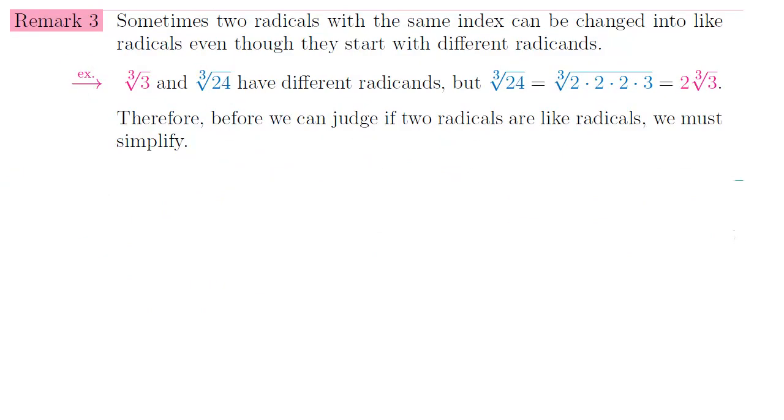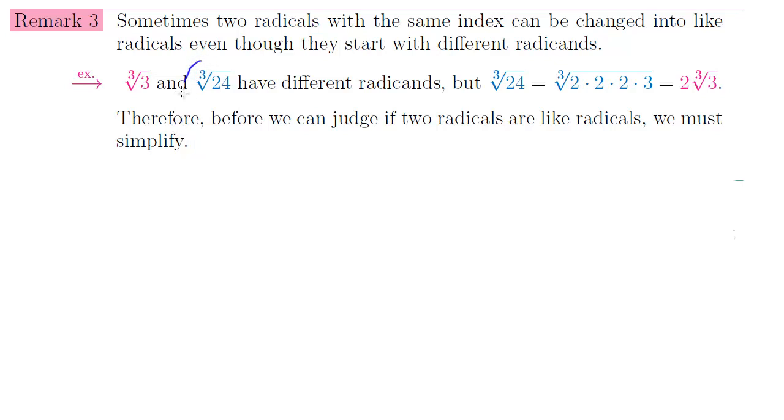You have to be careful judging whether two radicals are like radicals, because sometimes, even though they don't look like like radicals, they actually are. For example, if we're looking at the cube root of 3 and the cube root of 24, at first you might think this has a 3 underneath the cube root and this has a 24, so they're not like radicals.